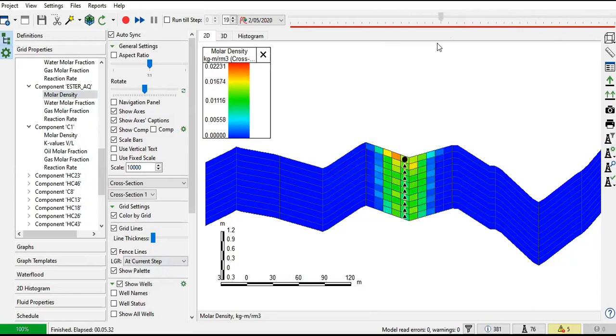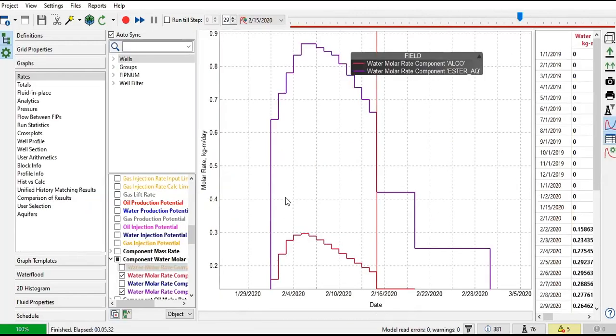Interesting. Okay. First, the concentration increases, but later it decreases because of reaction. And some of it will be produced also.